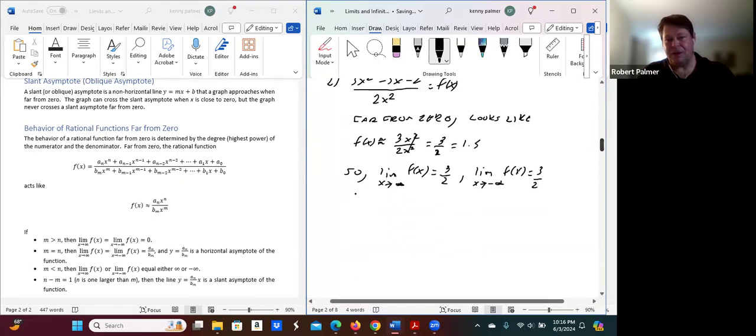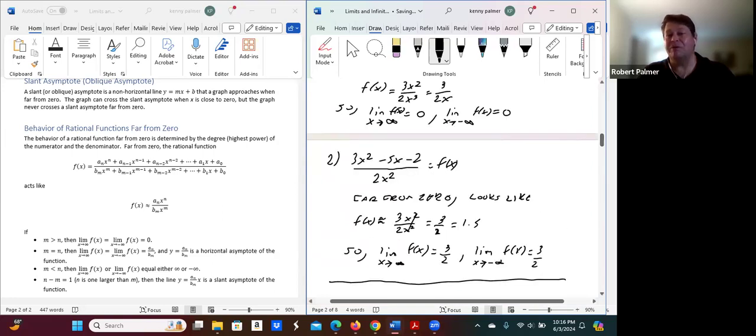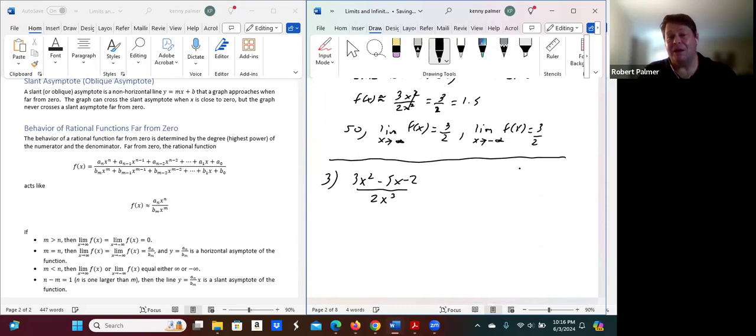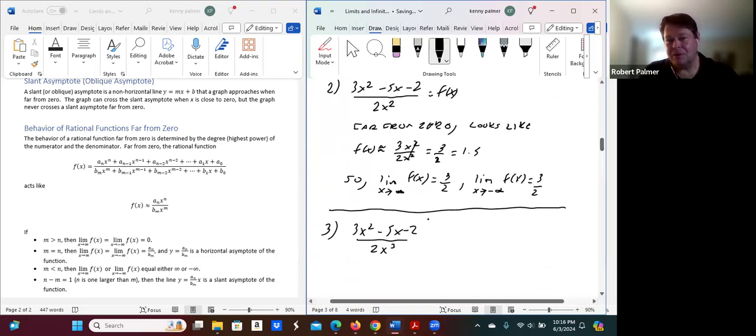Okay, then last one. What happens if we make the degree of our denominator larger than the degree of the numerator? Let's do that and see what happens. Once again, up here we have (3x² - 5x - 2) over, let's call this, 2x. So this time, the degree up there is larger. And this is our f of x.